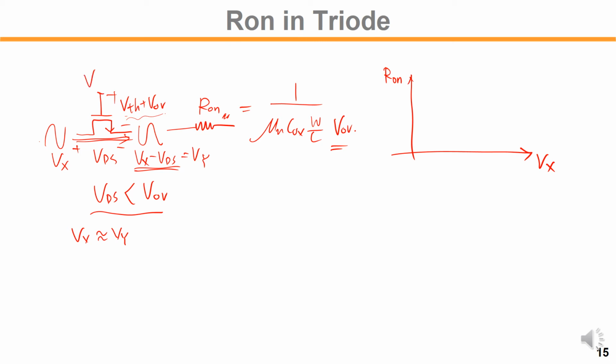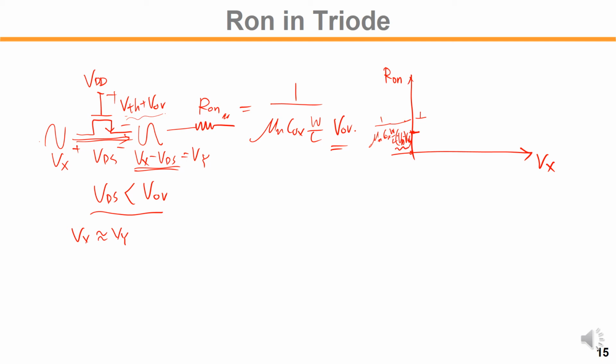This is VDD, for example, at the maximum voltage. If Vx is 0, then we may see the maximum available overdrive voltage. Here, on resistance will be 1 over mu n Cox W over L times the maximum overdrive, VDD minus VTH, right?